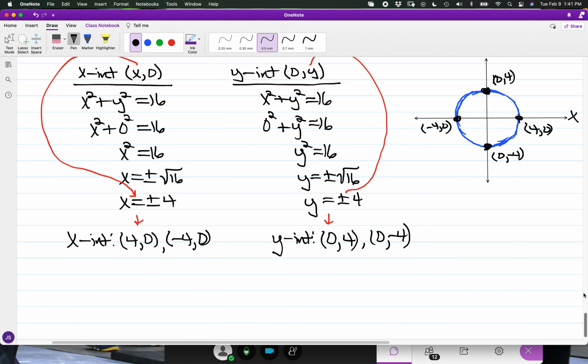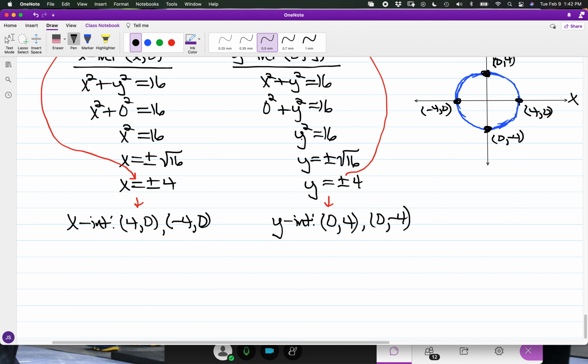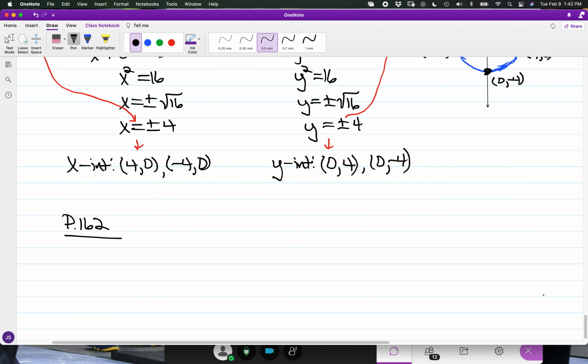Now, going back to equations with the slope and the y-intercept, we have on page 162, continuing with the set, number 52.